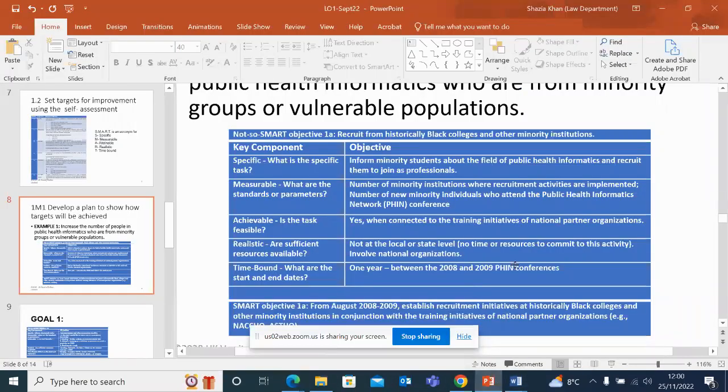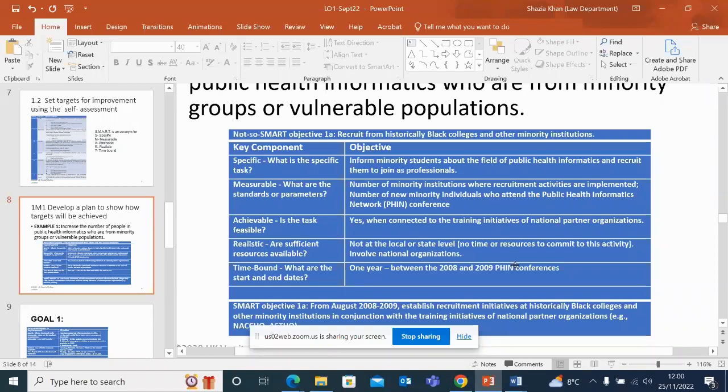So the number of minority institutions where recruitment activities are implemented, a number of new minority individuals who attend the Public Health Informatics Network, PHIN conference. The achievable thing here is, is the task feasible? Yes, when connected to the training initiatives of national partner organizations. Is it realistic? So are there sufficient resources available for this?